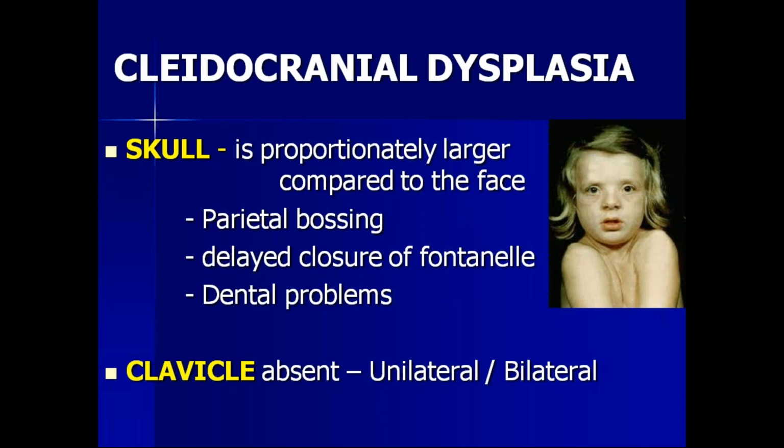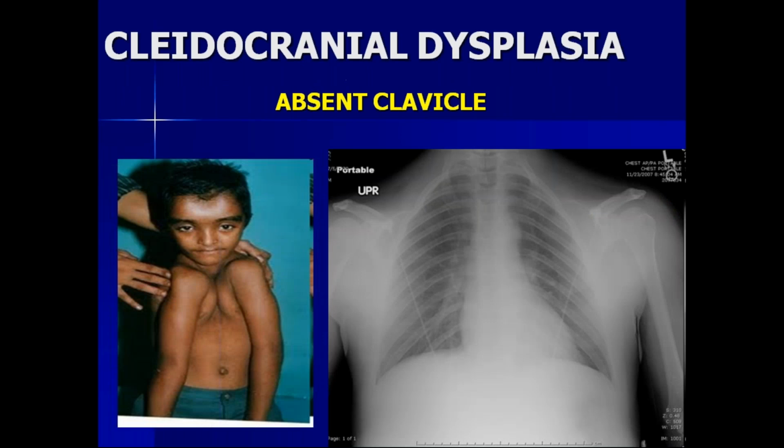So if the patient doesn't have clavicle, you can approximate both shoulders. What you see here in the X-ray, above the humerus, is the spine of the scapula. This is the scapula. But if you look carefully, there is no clavicle. Usually the clavicle is here in this region.